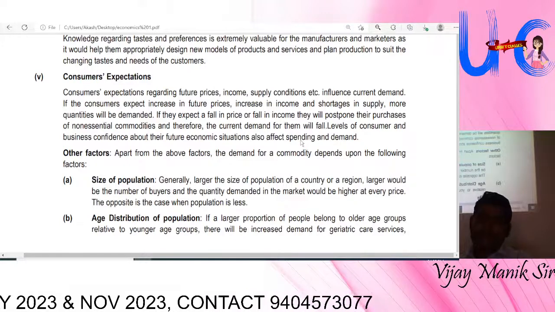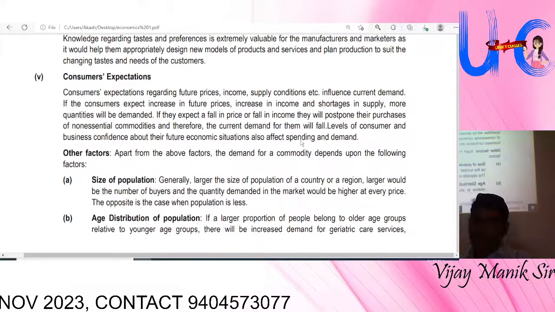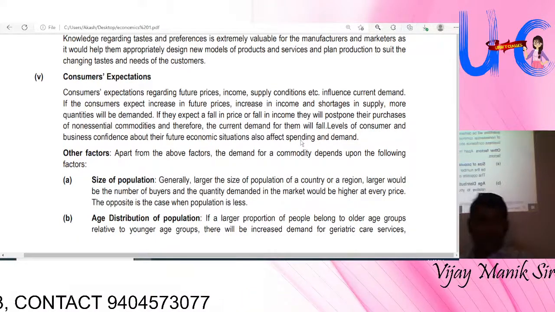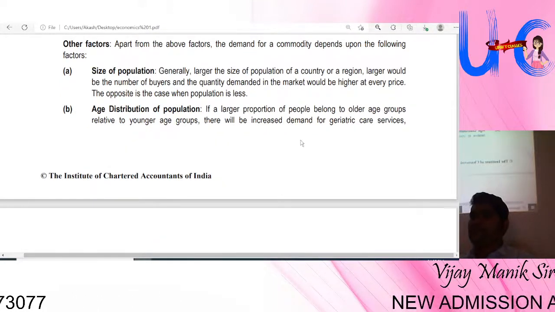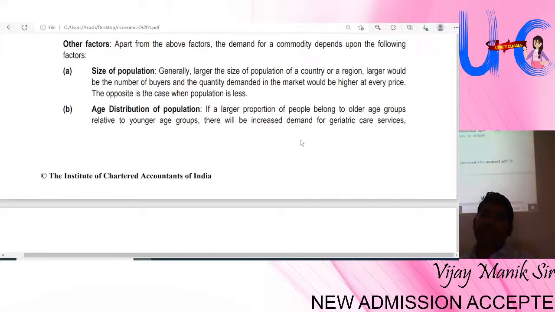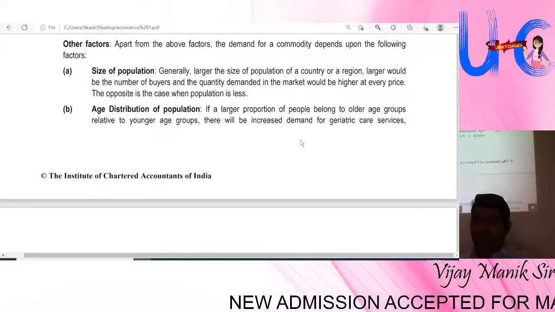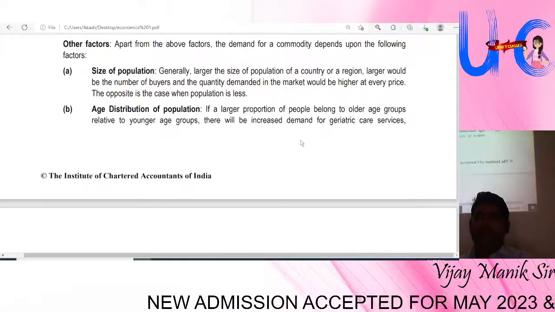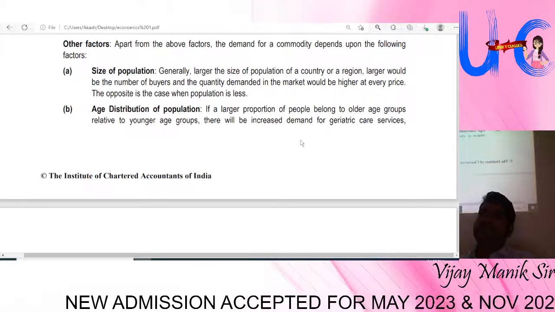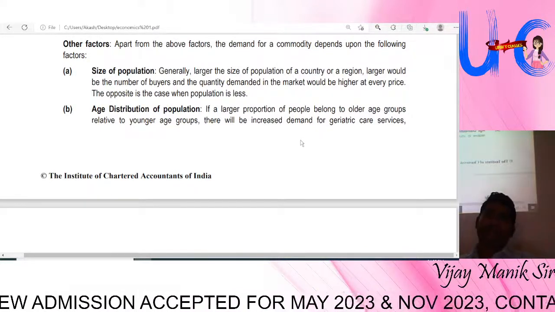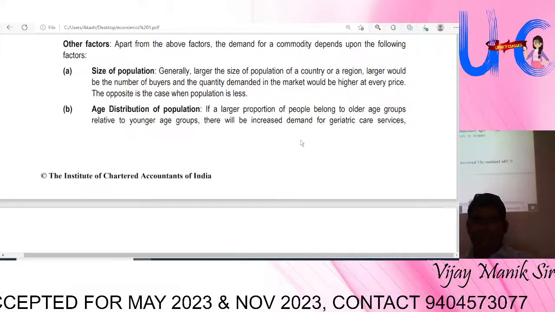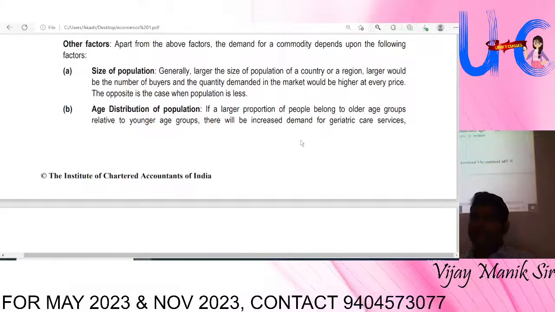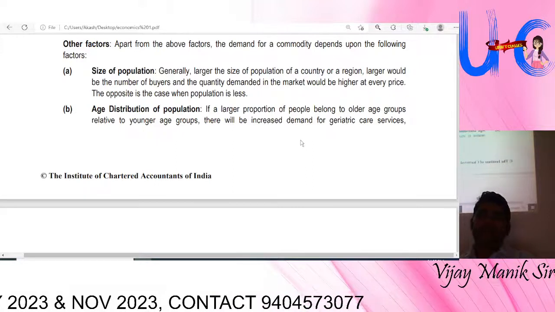Other factors, which are the other factors? Size of population, age distribution of population. Why are these important? If a particular industry is producing a particular commodity, and they have to sell it, first they have to study the market. Market means the population of that particular area.